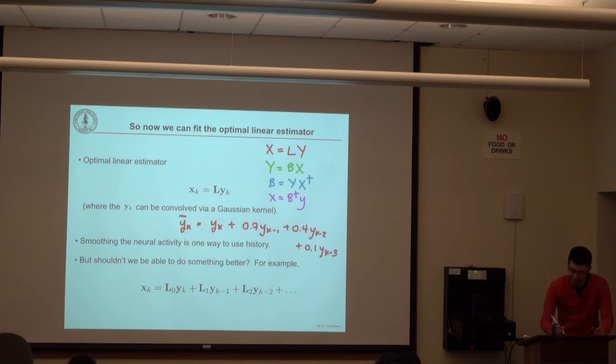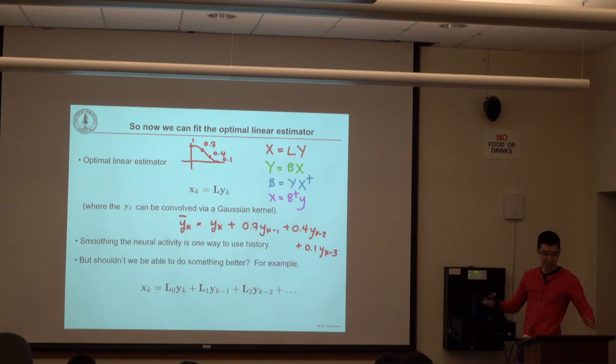For a Gaussian kernel, I've said that this value is 1, this is 0.7, this is 0.4, and this is 0.1. So all we're doing is smoothing data by adding terms in the history.